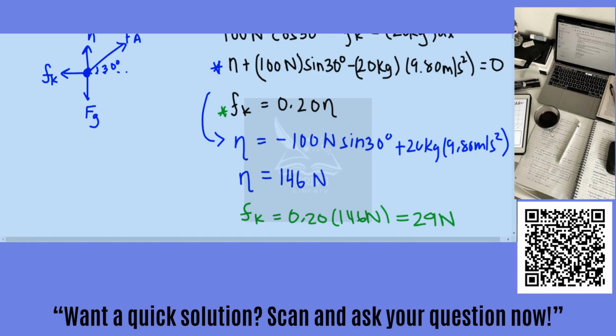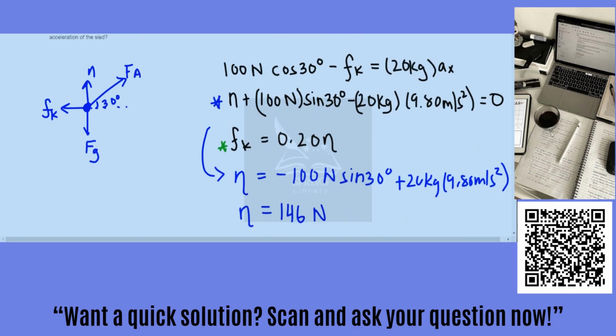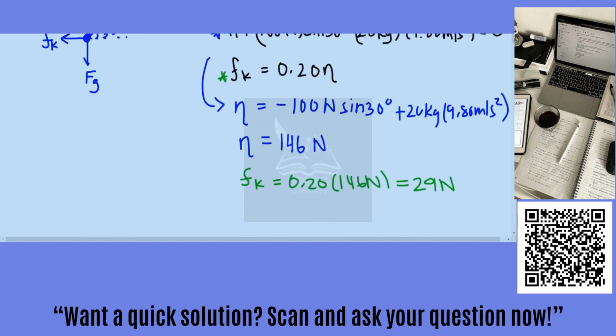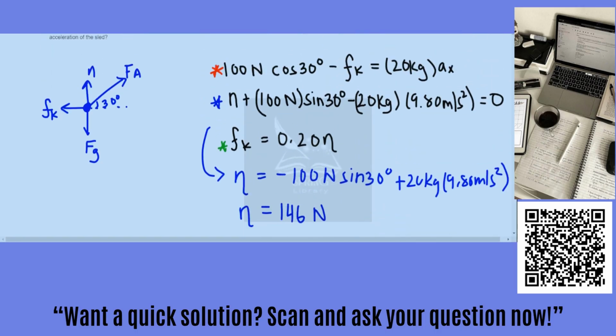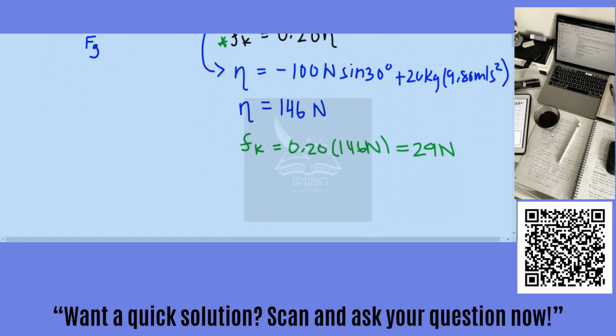And then we can take the friction force and sub it into equation number 1. And that will allow us to solve for the acceleration. So we've got 100 newtons cos 30 minus the friction force is equal to m a x. Oh, sorry, what's m here? It's 20. And actually the a x is what we're trying to find, right? So this is good.